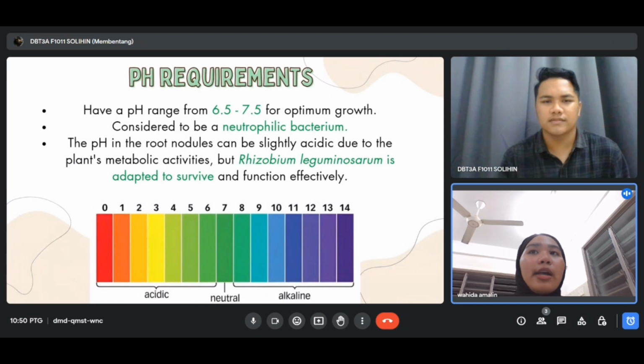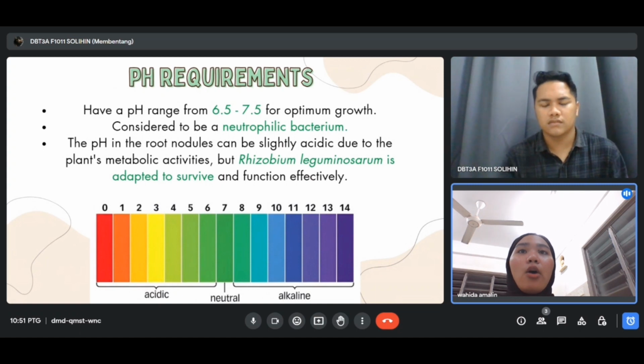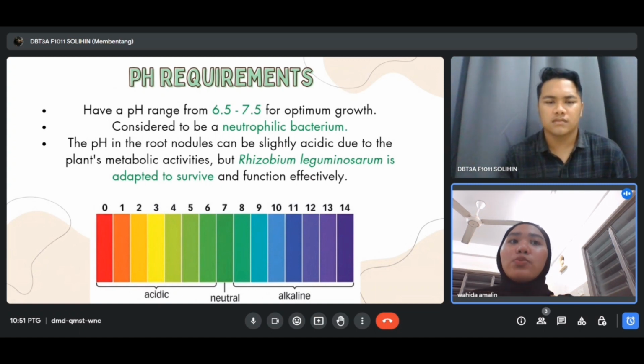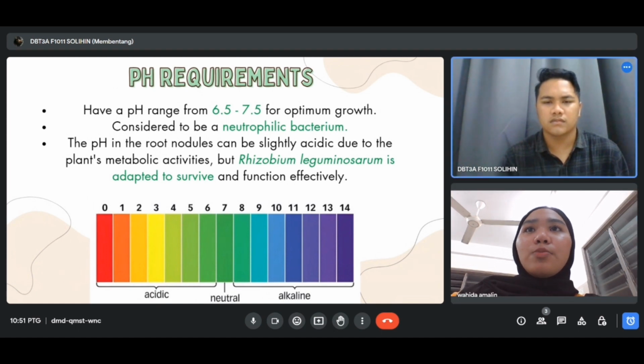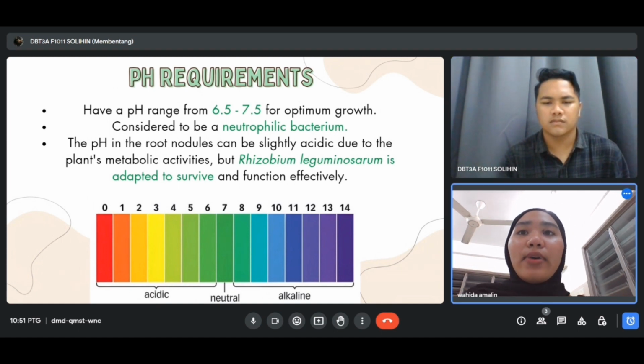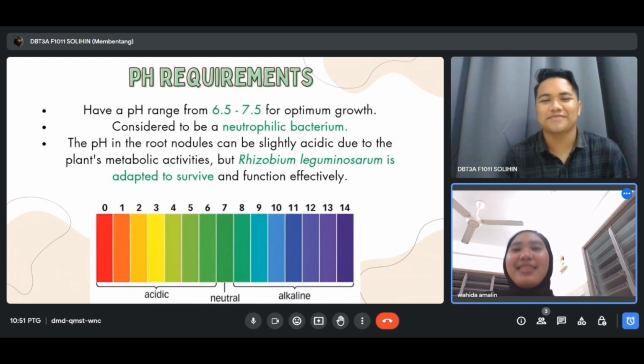These are the pH requirements for Rhizobium leguminosarum. These bacteria have a pH range from 6.5 to 7.5 for their optimum growth. As we can see, 6.5 and 7.5 are in the neutral pH range. So this bacterium can be considered a neutrophilic bacterium.